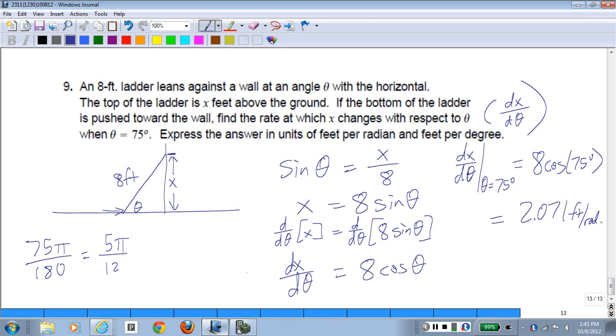Now, here's the thing. Once it gets to about 75 degrees, we're not going to push that ladder where the angle changes by another radian. That makes no sense at all. So it's going to make more sense if we say, if we're pushing toward the wall, theta is increasing, right? So if we increase it maybe to 76 degrees by pushing a little farther, we would expect the height up on the wall to increase by how much?